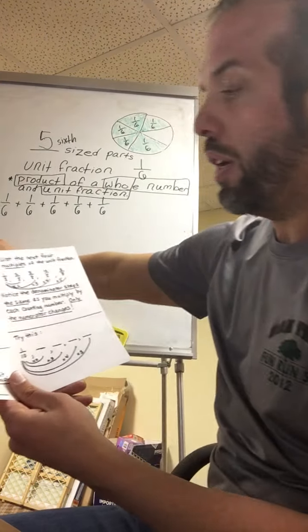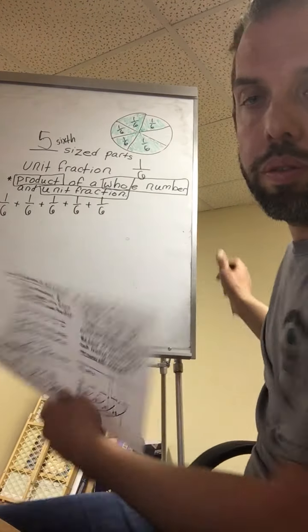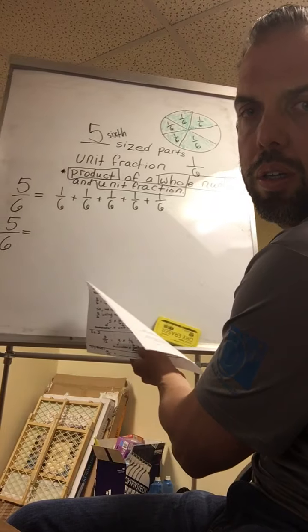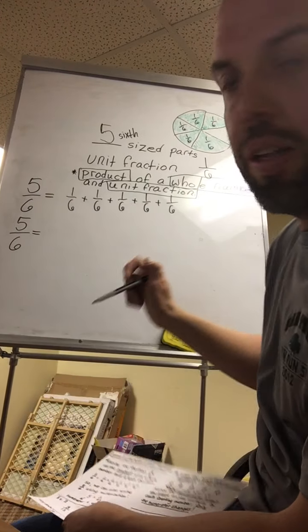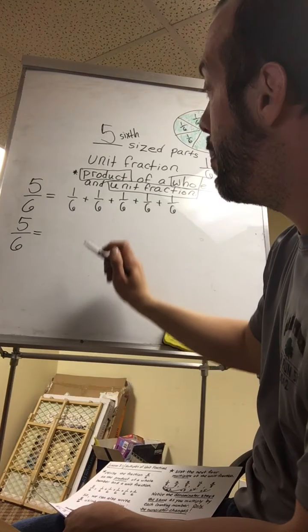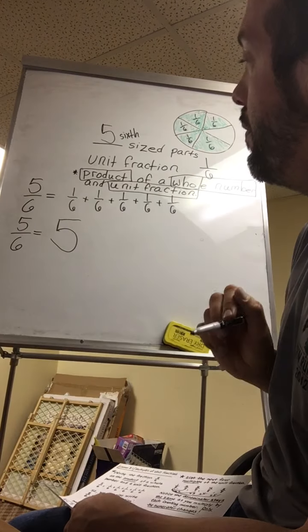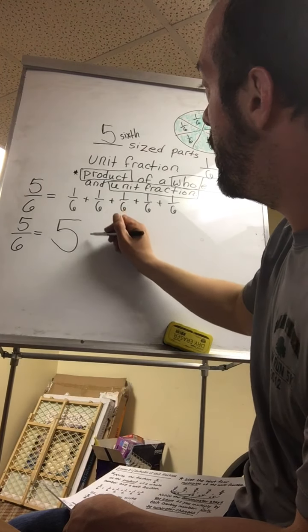So our numerator can actually be our whole number. So watch this. Our numerator was 5. So I could make my numerator my whole number. Watch this. It's going to be nice and big. My numerator is 5. That's my whole number.